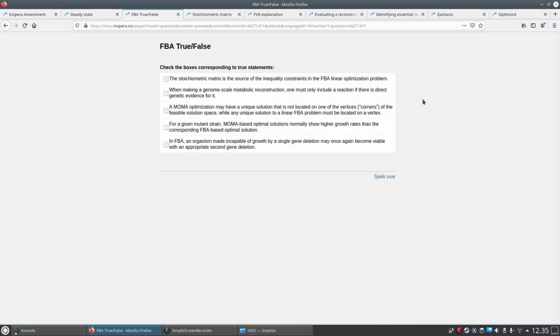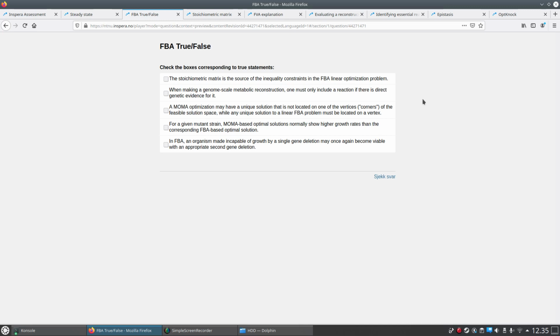But that constraint is an equality type constraint. The stoichiometric matrix multiplied by the relevant fluxes has to equal 0 for each metabolite. In addition to that, the inequality constraints come from the constraints on individual fluxes, typically exchange reactions.